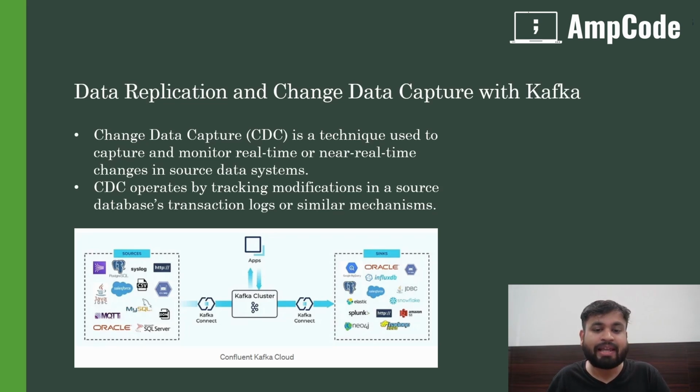Then on the right hand side are the sinks, which is the target. Kafka Connect will pull the data from the topics and write it back to these sinks. So we have Oracle and PostgreSQL again, which are similar kinds of databases, but it can also integrate with HDFS as well.